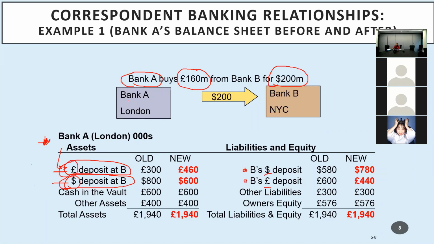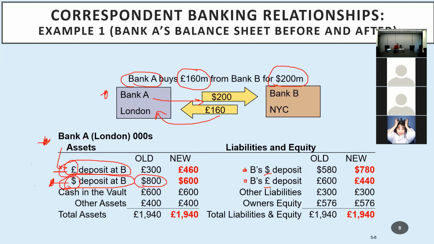So let's go back to this transaction. In this transaction, Bank A is giving Bank B 200 million US dollars, and in exchange, they receive 160 million pounds. Because Bank A is giving Bank B US dollars, when you give someone your money, then your money would reduce.